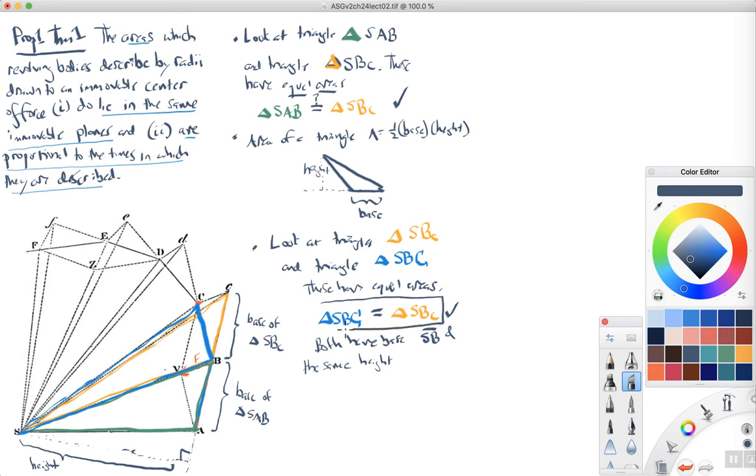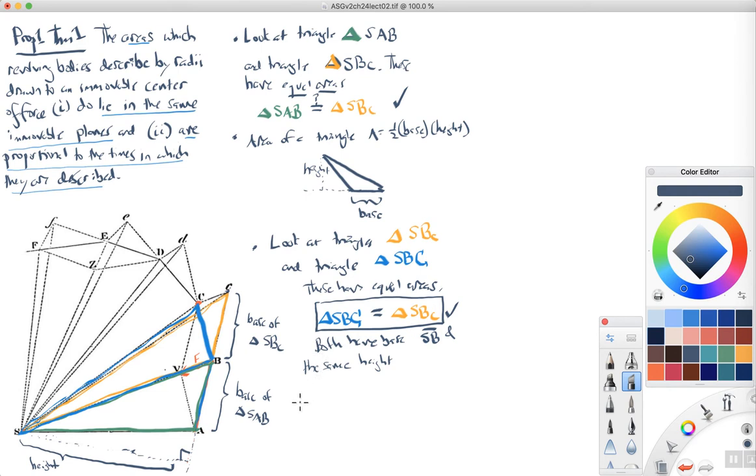So we've just demonstrated that if you have an object that's moving at an initially constant speed and you apply a force directed toward a point S, it's deflected, and the area that is constructed inside of point SAB, that area right there, is equal to the area of the yellow triangle, and it's also equal to the area of the blue triangle.